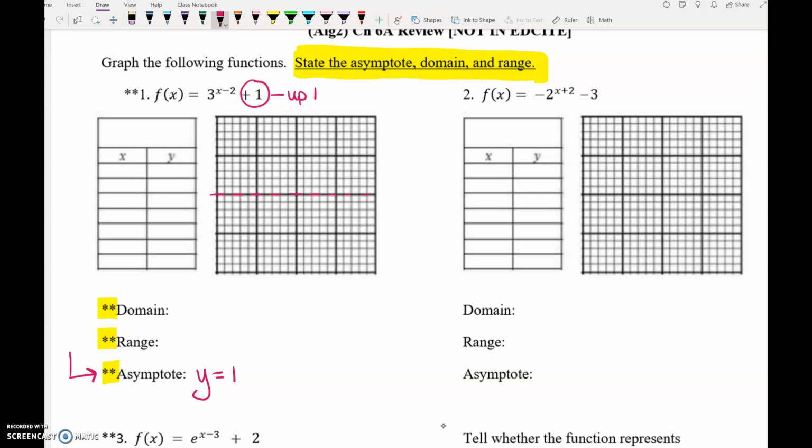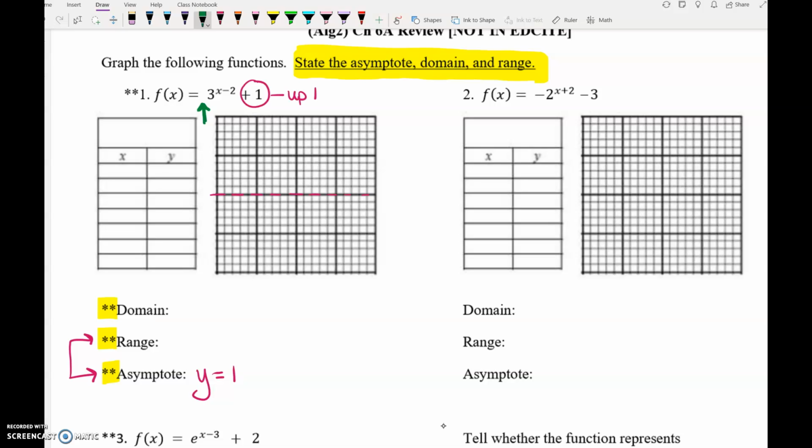The asymptote and the range are tied together. The range is either going to be y is greater than the asymptote or y is less than the asymptote. Greater than, less than is determined by if there's a flip in this graph. Do you see a negative in front of that 3?